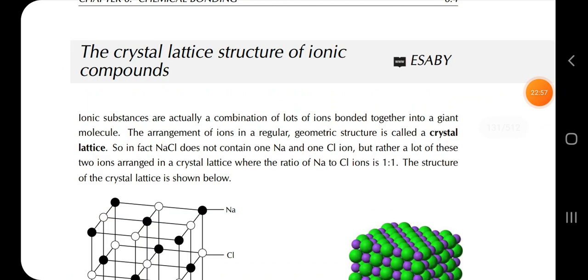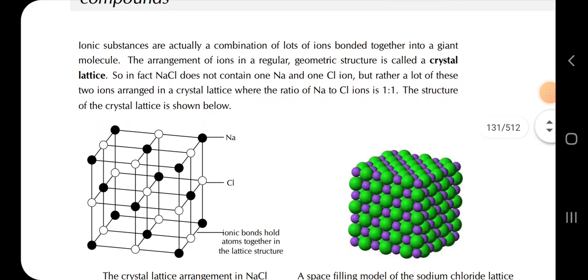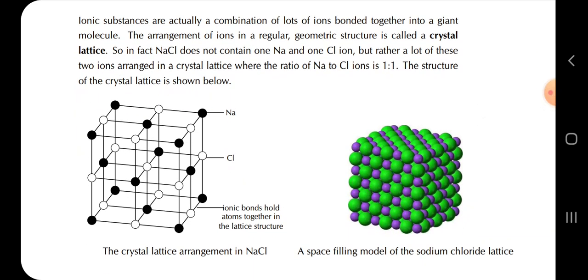We have a crystal lattice structure of ionic compounds. Ionic substances are actually a combination of lots of ions bonded together into a giant structure. The arrangement of ions in a regular geometric structure is called a crystal lattice. In fact, NaCl does not contain just one Na ion and one Cl ion, but rather a lot of these two ions arranged in a crystal lattice where the ratio of Na to Cl is 1:1.